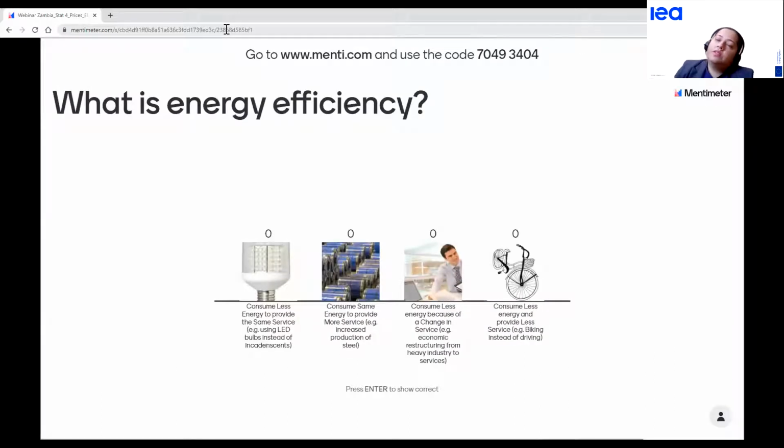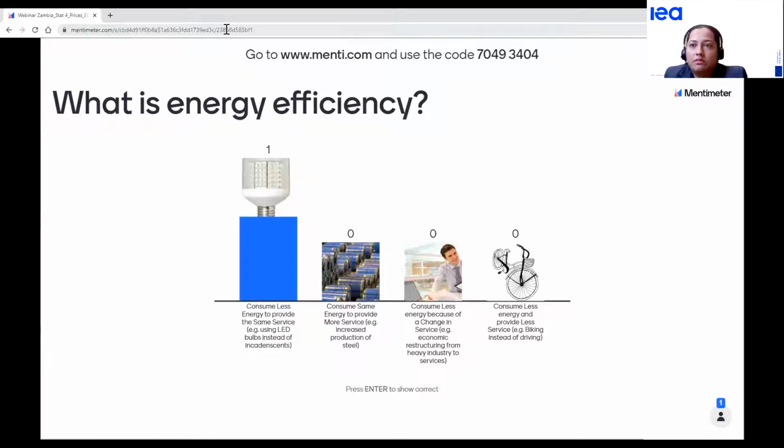So the next question is, what is energy efficiency? Here you have 4 examples. Is it to consume less energy to provide the same service? For example, if you use LED bulbs instead of incandescents. Is it to consume the same energy to provide more services?